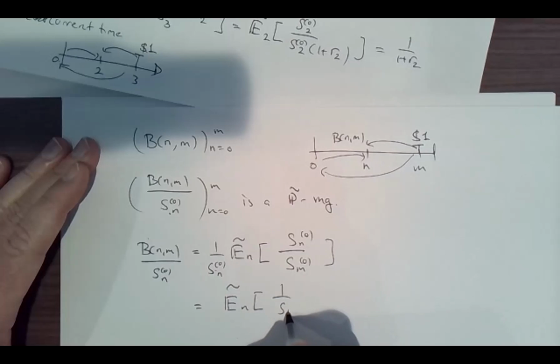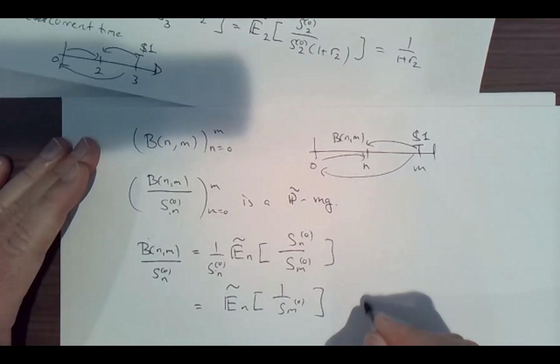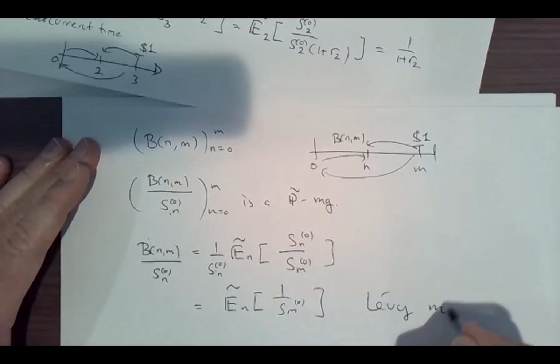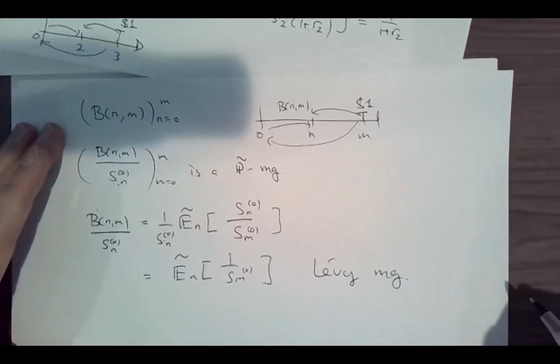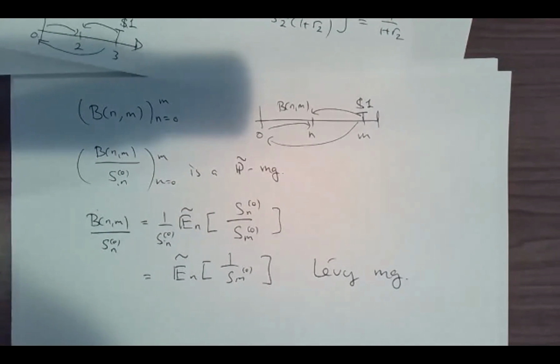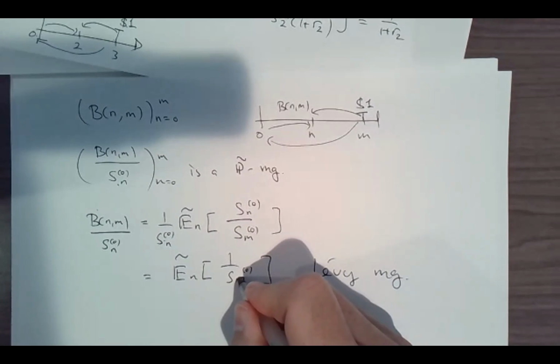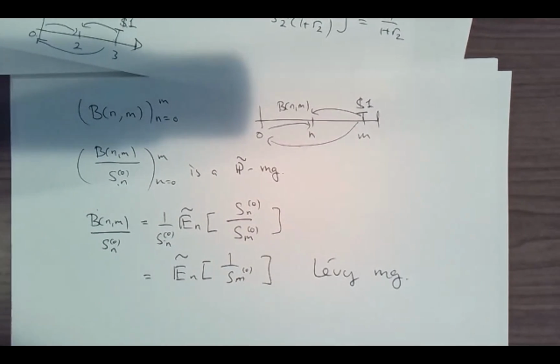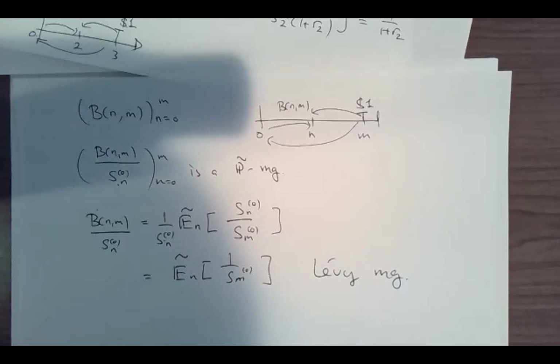You get 1 over SM0, right? And this is a Levy martingale. Does that make sense?